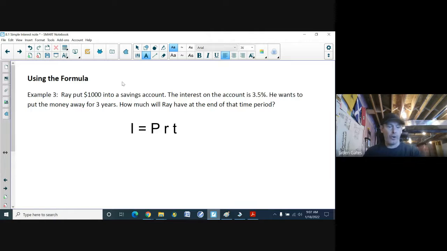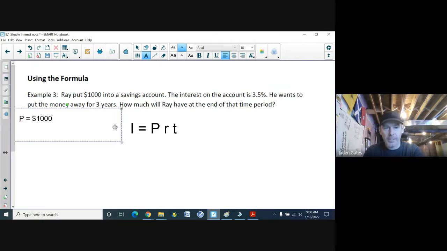Let's see here. So if I'm finding his interest, first off, it says Ray put $1,000 into the savings account. So that is what's called our principal. That's the amount of money that you lent out or that you borrowed. In this case, he's lent it to the bank to give to other people. Now, the second sentence, the interest rate on the account is 3.5%.